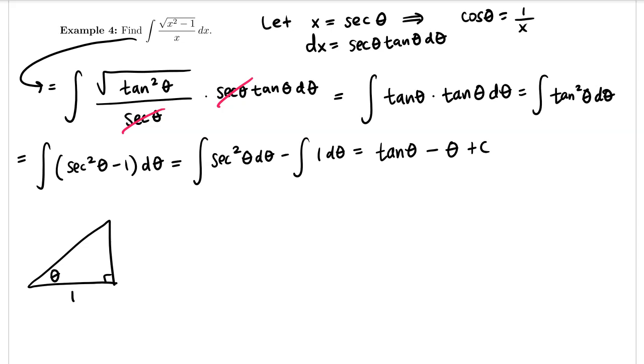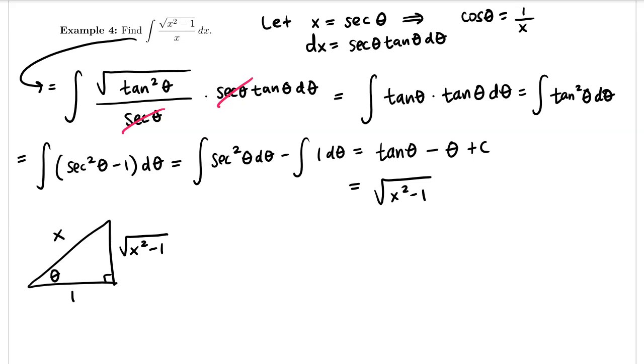So my adjacent side length is 1, my hypotenuse is x, and then my remaining side length, the opposite side length, is going to be the square root of x squared minus 1. So coming back over here, tangent of theta, we can see from the picture, is the square root of x squared minus 1.